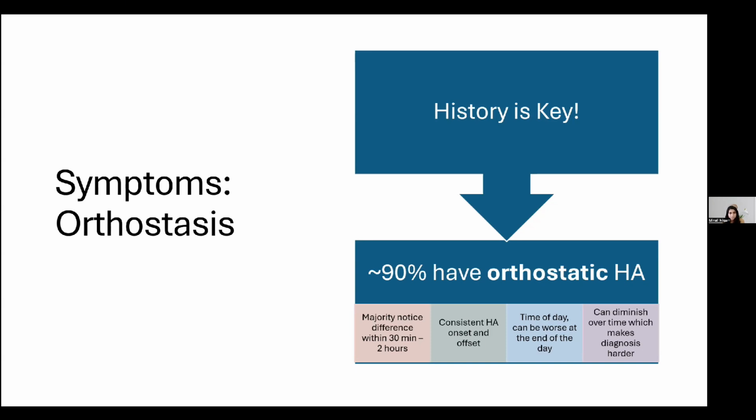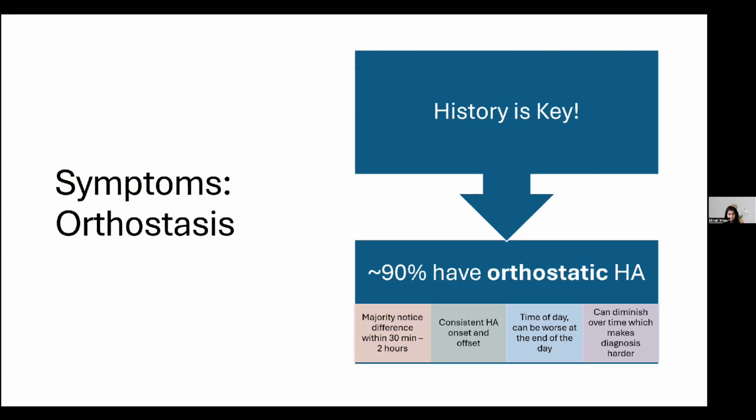But the key part of this history taking is finding out, does the headache get better consistently at a specific position, meaning lying down, and does it get worse when standing up or sitting upright? So getting that consistent headache onset and offset is really key. And sometimes the providers won't ask you. And so it's important from a patient perspective to try to be able to give that information to us.